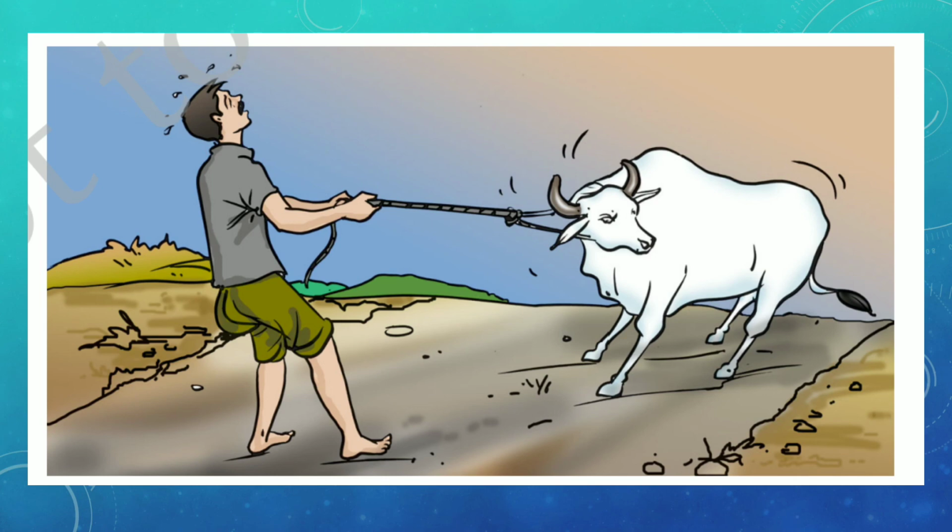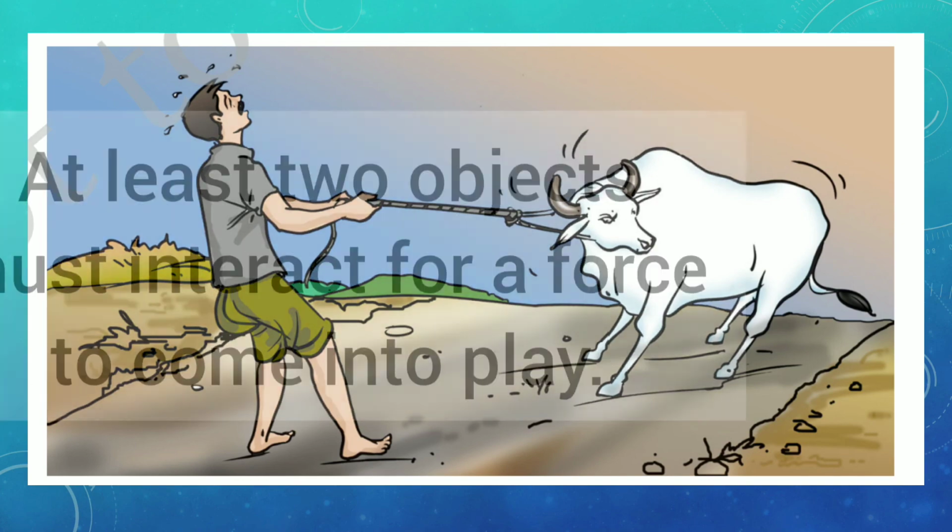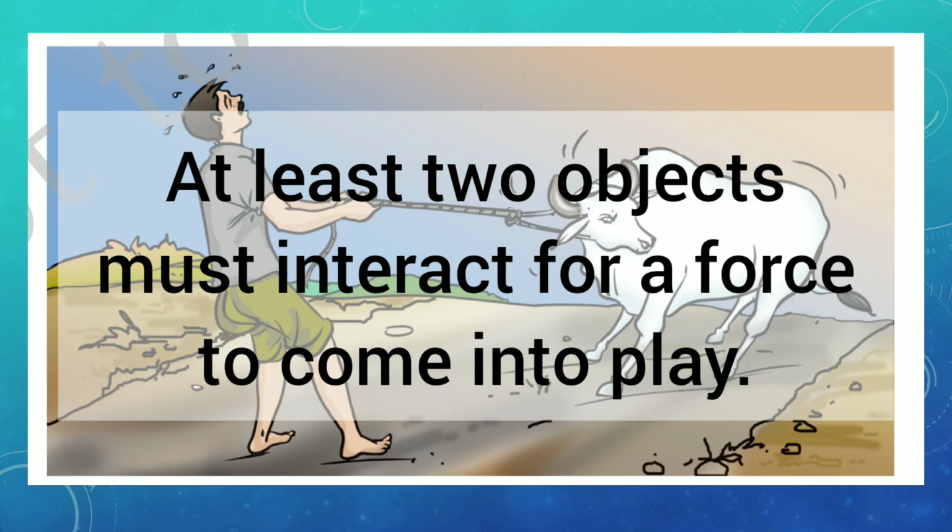So here both of these are applying force by pulling each other. Students, from these examples, hope you understood that at least two objects must interact for a force to come into play.